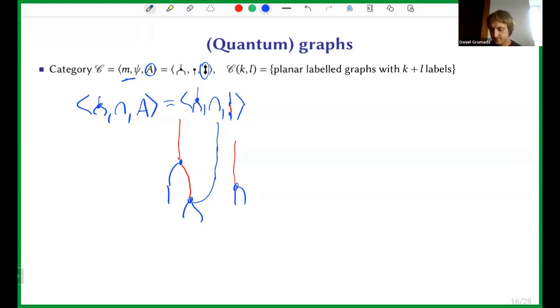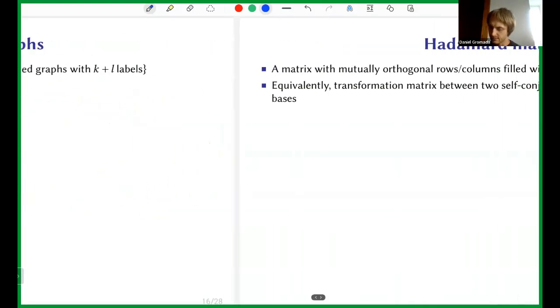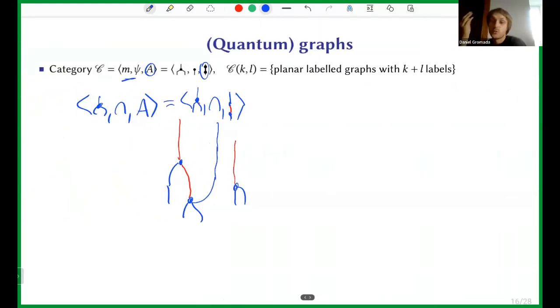So this diagrammatic calculus is useful, but it is not as useful as for the case before. But what you could try is developing some diagrammatic calculus for some special class of graphs or something like that.